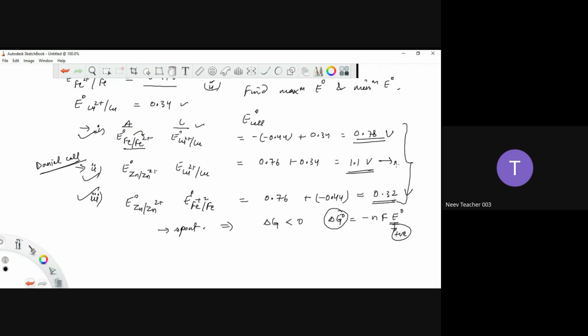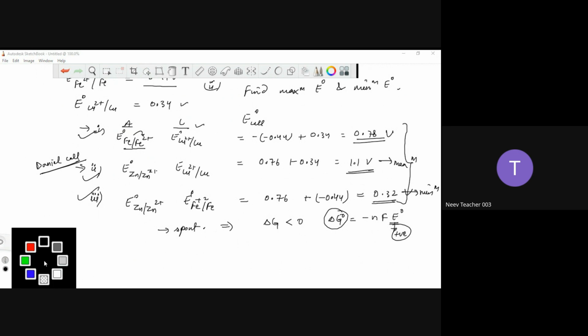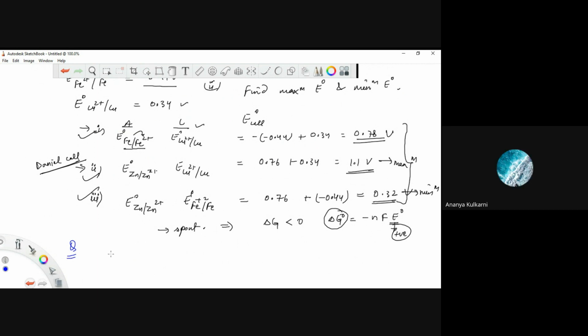So this value is maximum and this value is minimum. That is the second part of this question. Understood, everyone? Yes, sir.